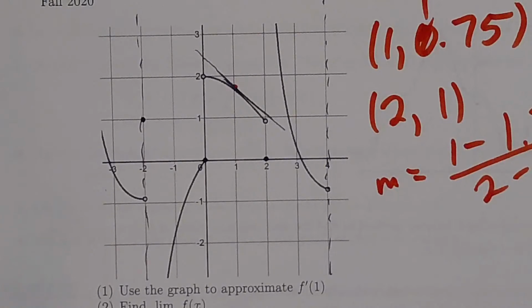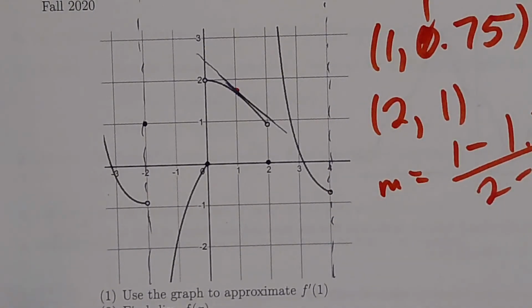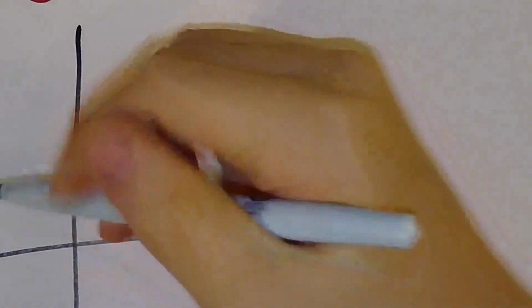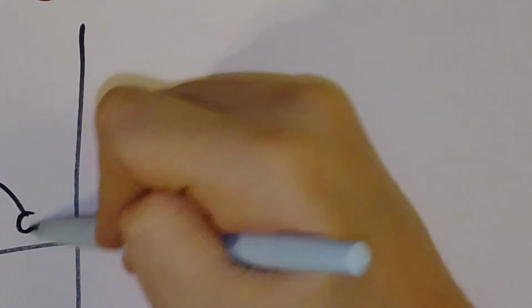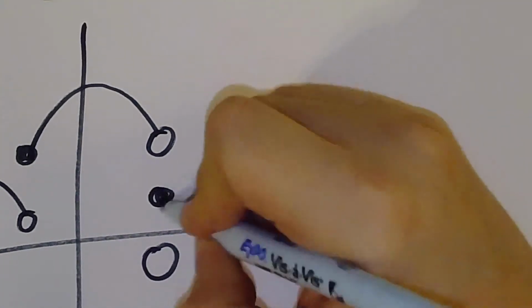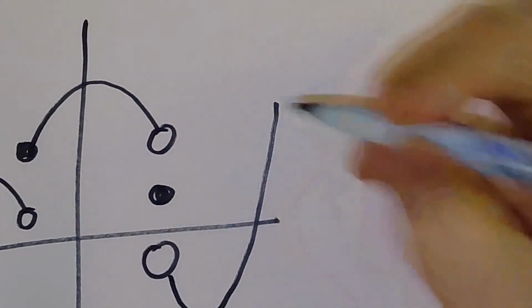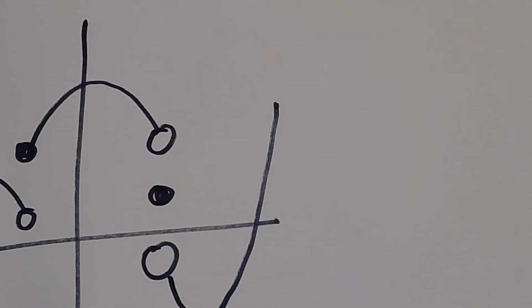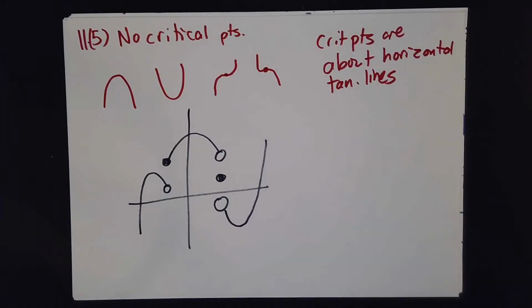Now, I want to emphasize, this has nothing to do with the fact that this function has a bunch of holes and that kind of thing in it. I could definitely draw a graph that would look something like this, where there would in fact be lots of critical points.